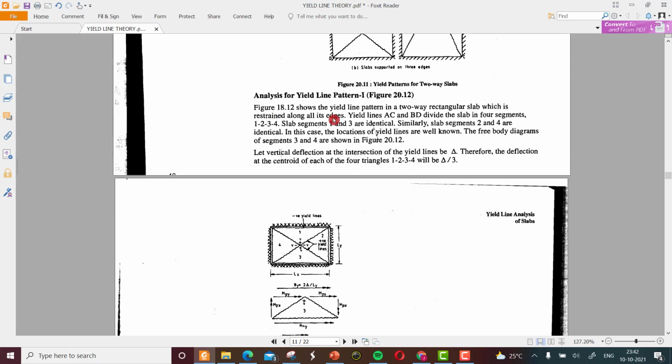Figure 18.12 previously shows the different yield line patterns for a two-way rectangular slab, and in our first case, the total slab is divided into four segments: one, two, three, and four.